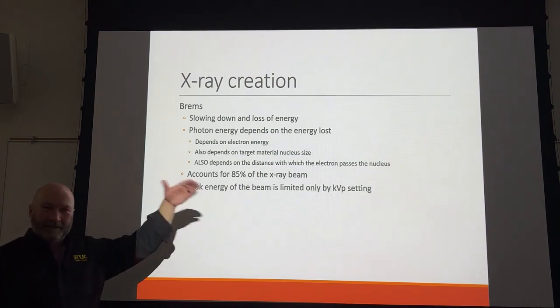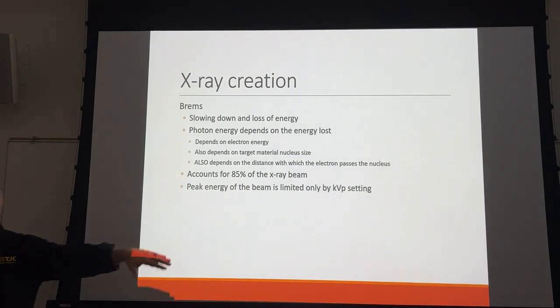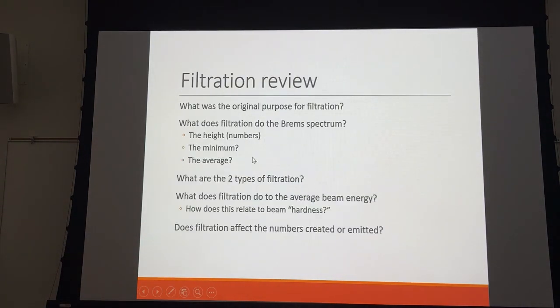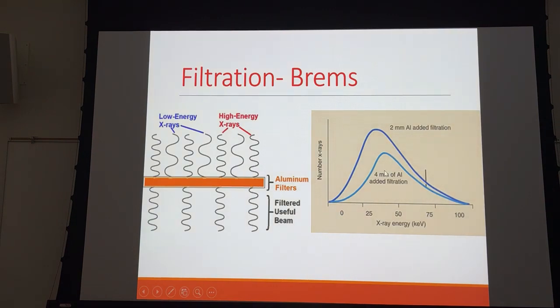So then we go back to any brems spectrum. It doesn't really matter which one we choose, say this one right here. So what we get then are energy, the peak energy of the X-ray beam is equivalent to how much energy is available to lose. So in that example, I said 100 keV electron.